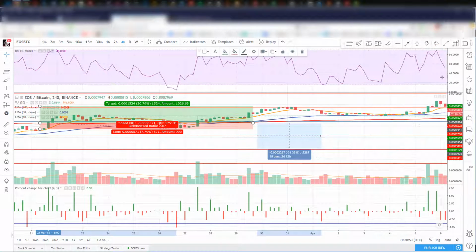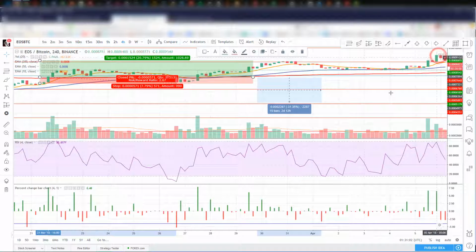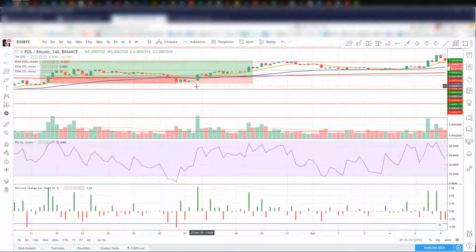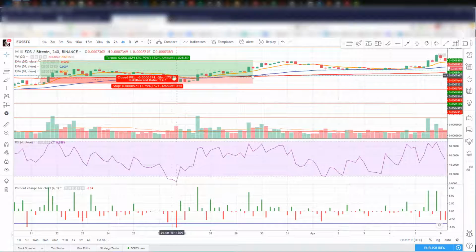I don't know why the RSI jumped up there, but you could say that's a good wait of 7 days, I would say 30%. You might even say that there might be another signal here, because I don't think we added here, but there was another signal right here, potentially, of a pullback.